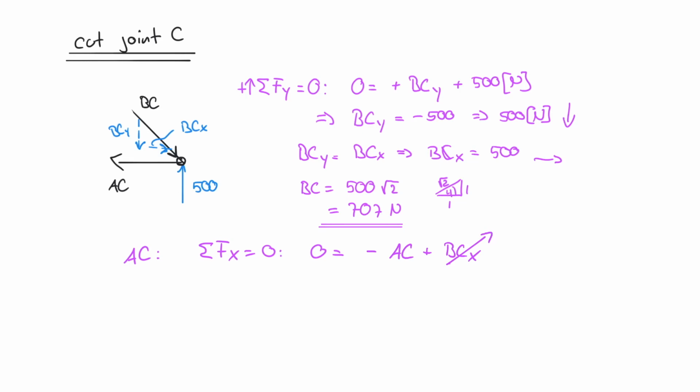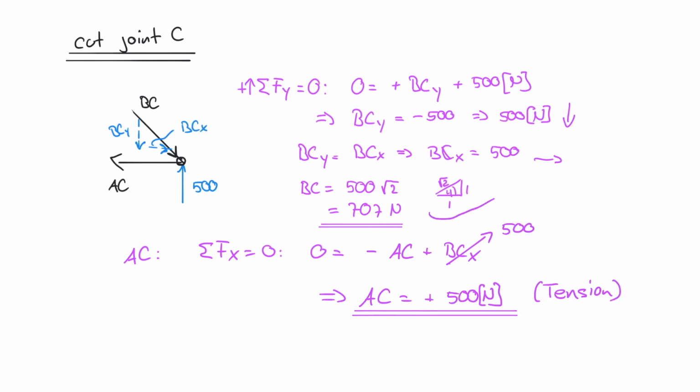And keep in mind, BCX is equal to 500. Therefore I know that AC is equal to positive 500 Newton in this case. What that means is that we assumed the tension to be correct. So that's my last step now. I have to say, this here is in tension, and then my 707 is actually in compression.